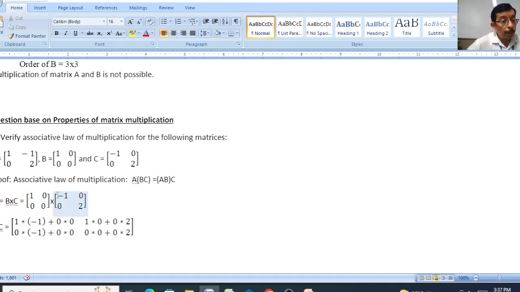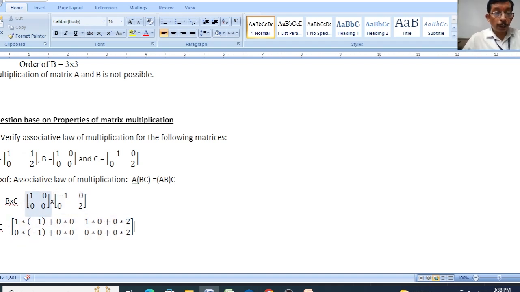First row multiplied by the first column: 1 into minus 1, 0 into 0. First row multiplied by the second column gives the first row, second element of the new matrix: 1 into 0, 0 into 2.